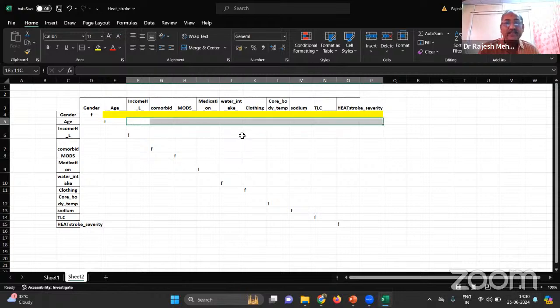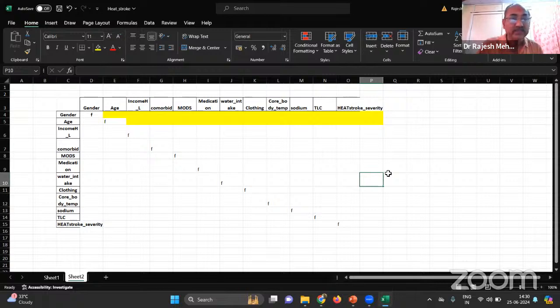So automatically, when you think that you want to cover gender along with age, gender with comorbidity, etc., then comorbidity with various others, then MODS with various others, all this will be a duplication.